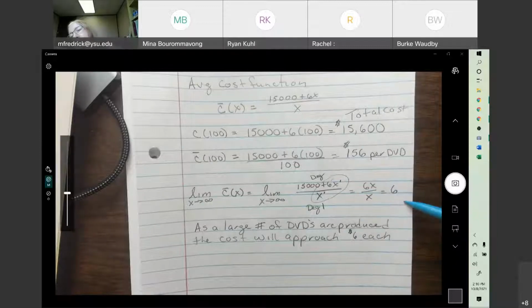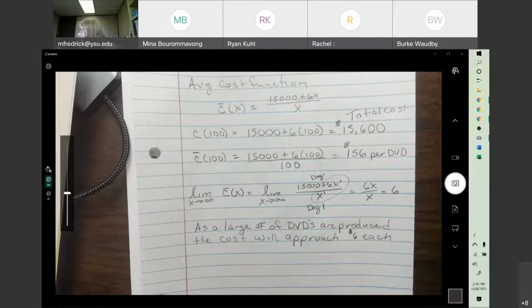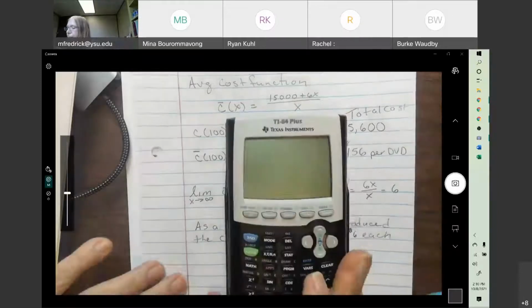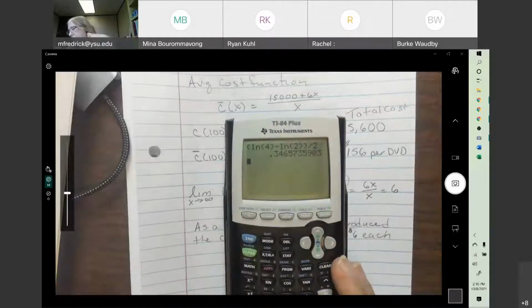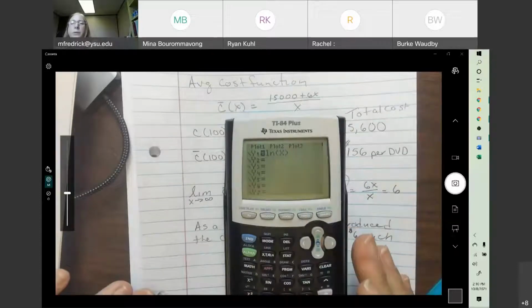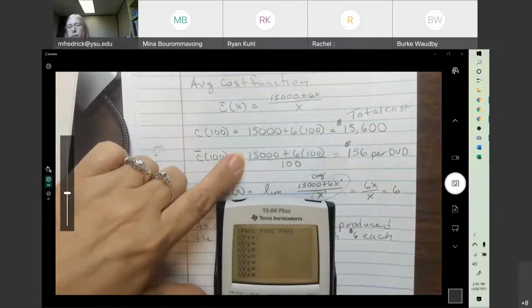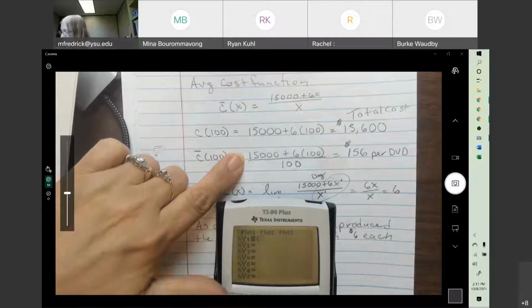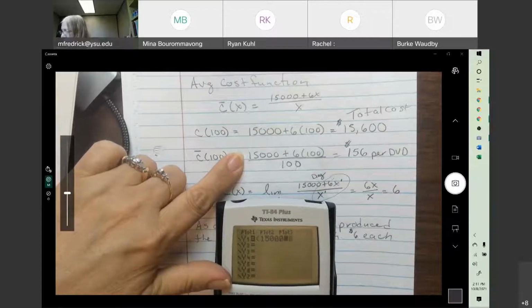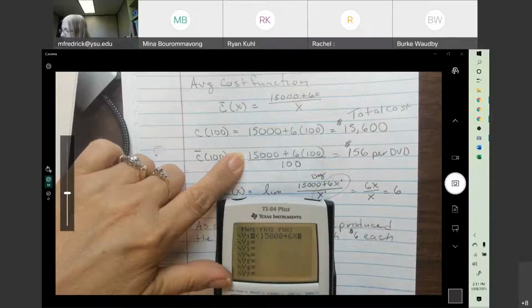Okay. Another way of seeing that this is going to 6, we can put y equals, so we're going to use the average cost, 15,000 plus 6x divided by x.